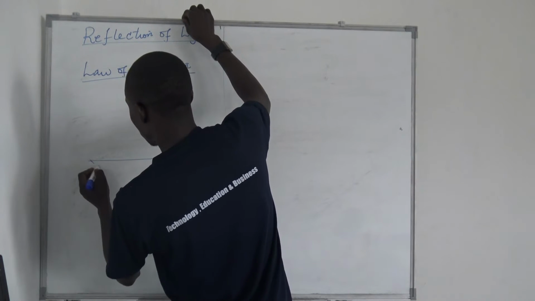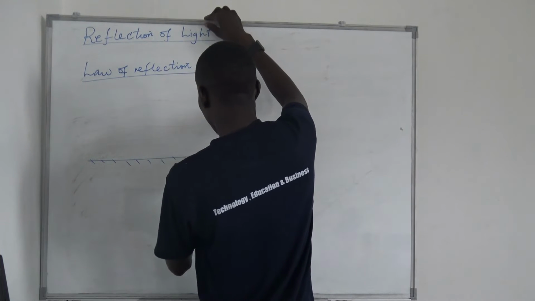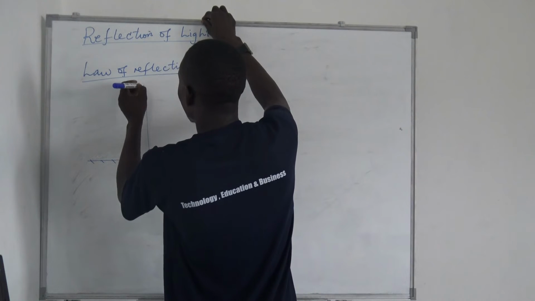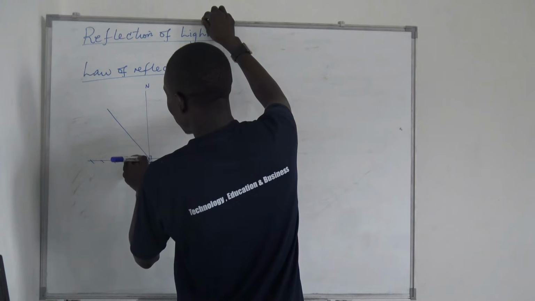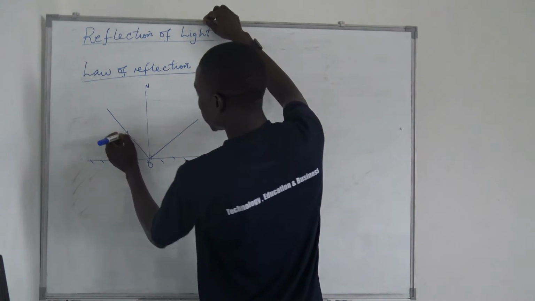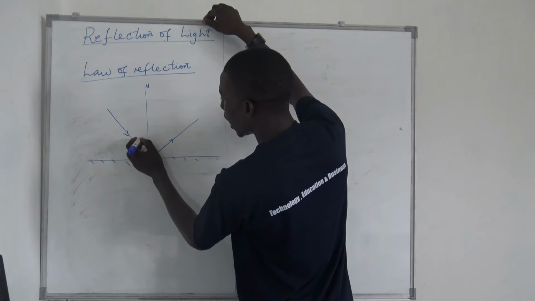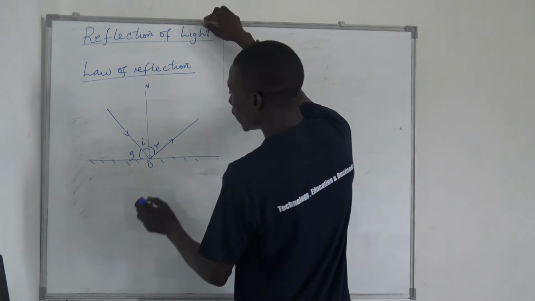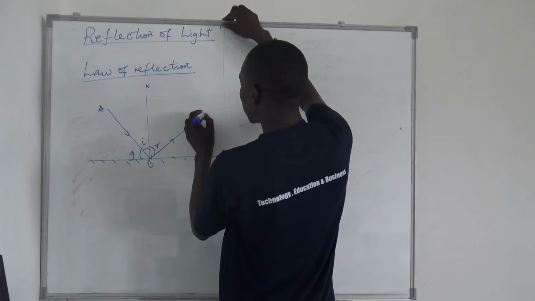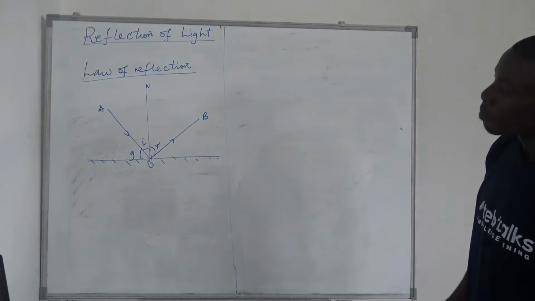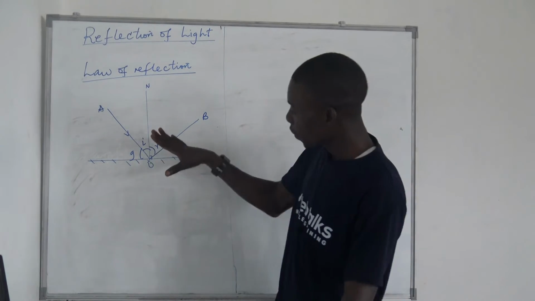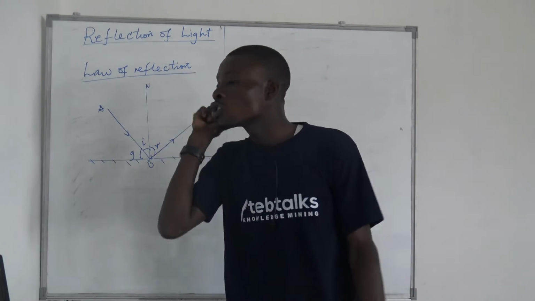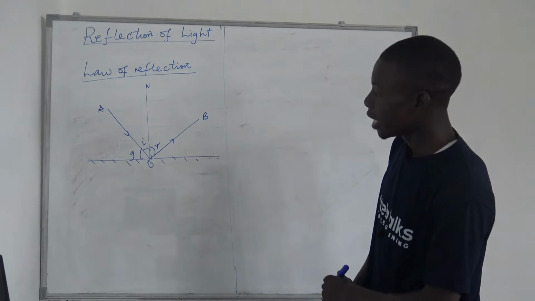Considering this ray diagram, I can say this is my normal, this is the point of incidence on the normal, and if this is reflected like that, this is I, this angle is called R, and this angle is called G. So this is A, this is B. Using that diagram, let's first look at some few terminologies that we can use to state the laws of reflection very well.